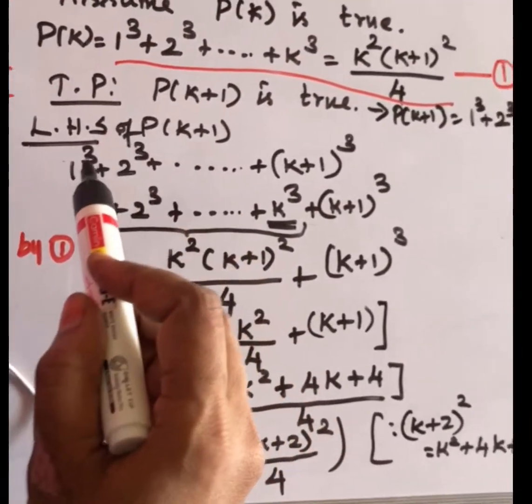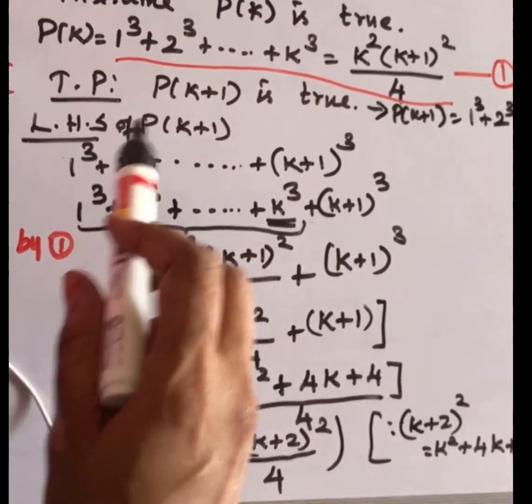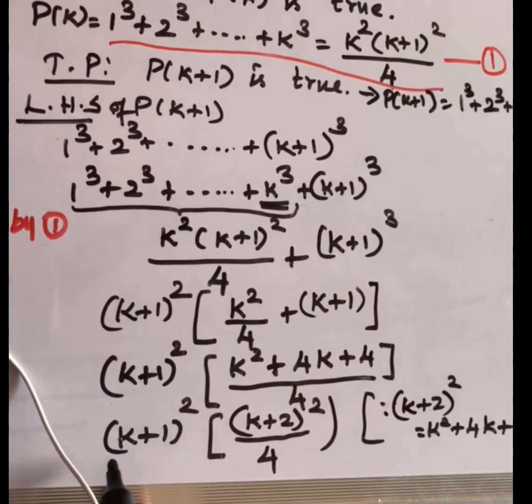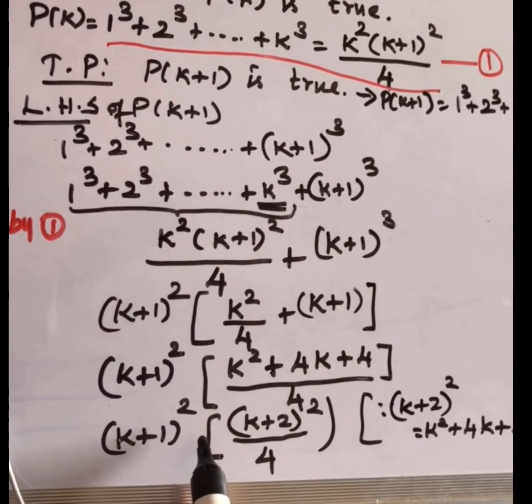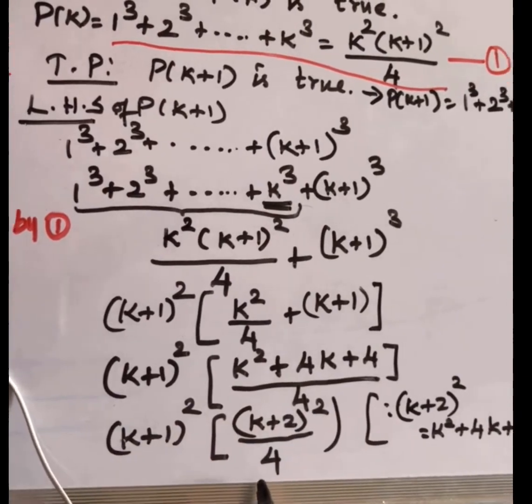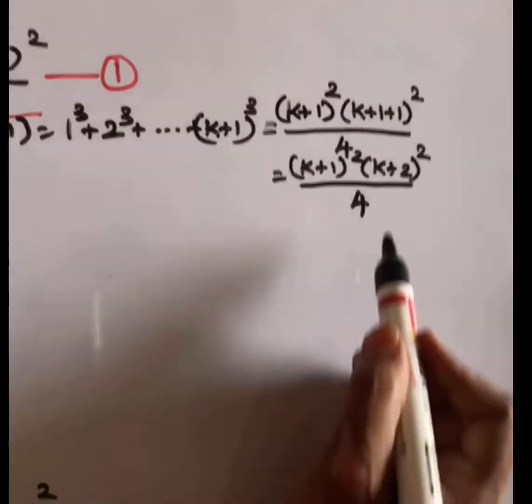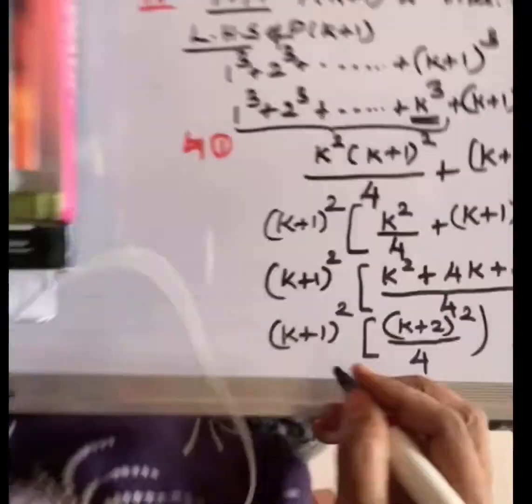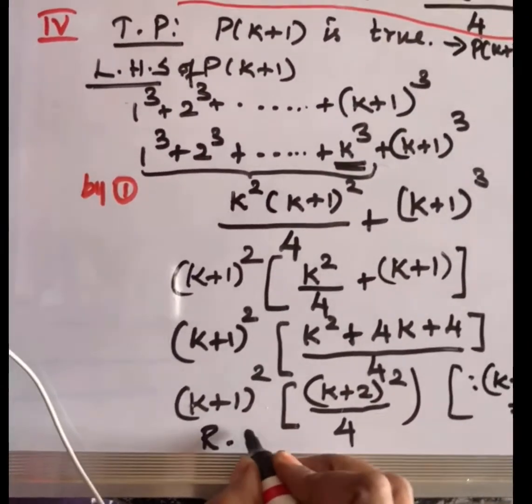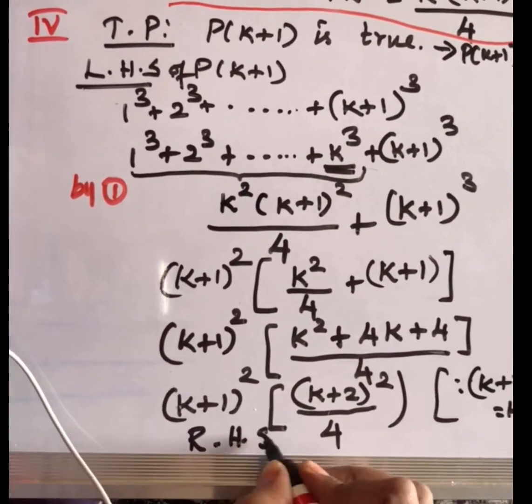Okay, now we took the expression which is on the left hand side and derived that k plus 1 the whole square into k plus 2 the whole square divided by 4. And that is our RHS. So that is equal to our RHS, right hand side.